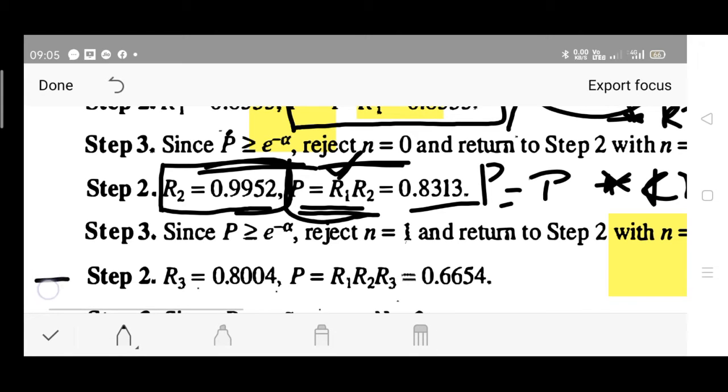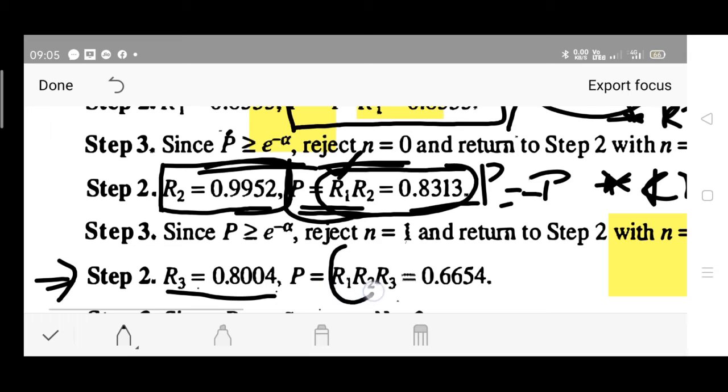Come back to step 2. In step 2, what are you supposed to do? You have to generate a new random number. The new random number given is 0.8004. P equal to what? Again recompute. It is very simple. The previous value of p in multiplication with r3. What is the previous value of p? 0.8313. How have you obtained the previous value? r1 in multiplication with r2.